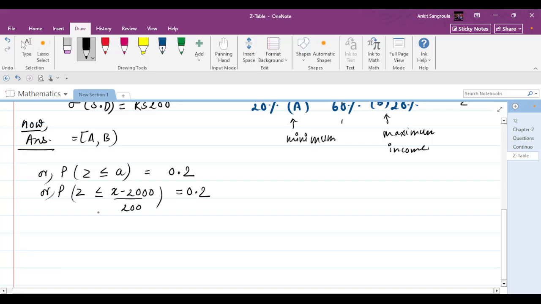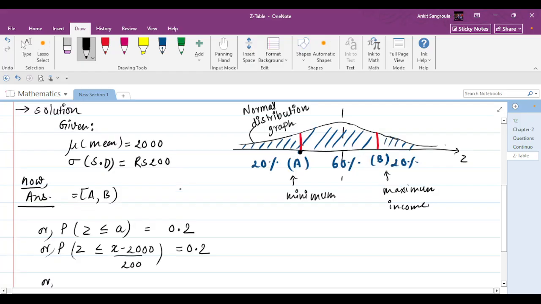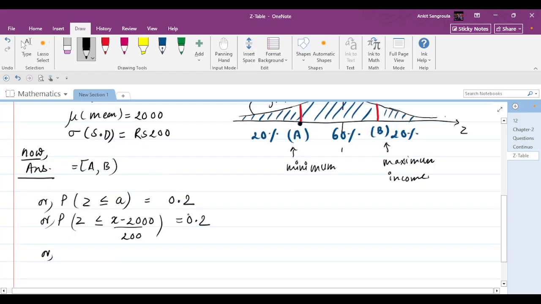So this is the first case. Now this 0.2 is the value of the probability, which is the answer that we get from the Z table.